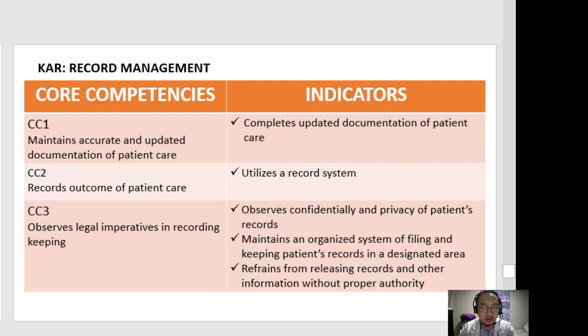It still has to undergo a process until the proper authorities of the institution allow it. So that is records management, a key area of responsibility. Again, uphold privacy and confidentiality as a future nurse, and we will not forget that. We're down to our last two key areas of responsibilities.